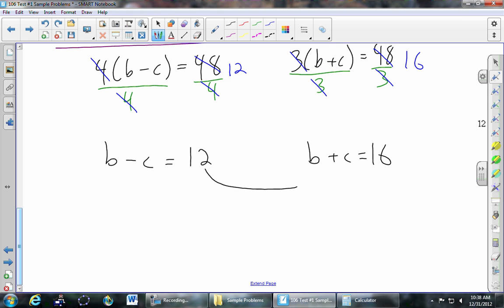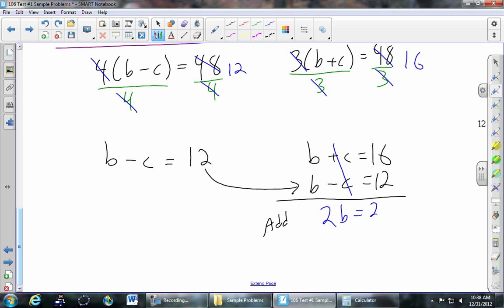I'm going to go ahead and copy this one right down underneath so they're next to each other and looking familiar. And to solve this system of equations is much, much easier. If we add these two equations right now, the c's cancel, and we just get 2b equals 28, divided by 2, b is equal to 14. Sounds familiar, that's what we got for the speed of the boat before.